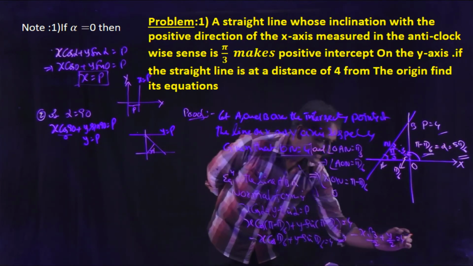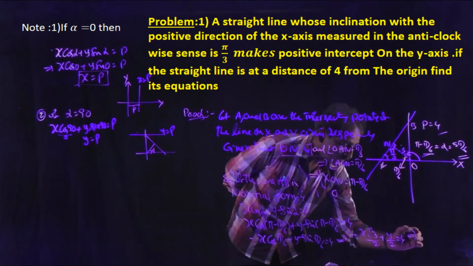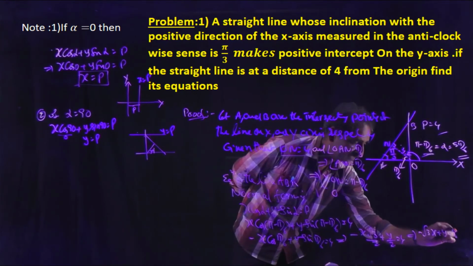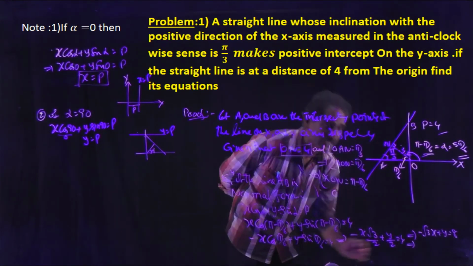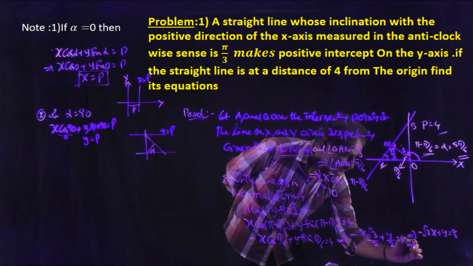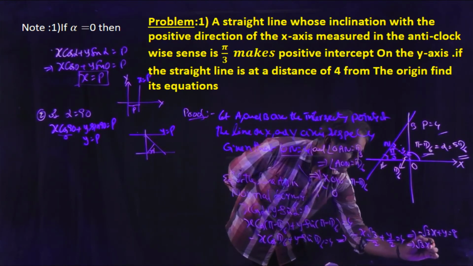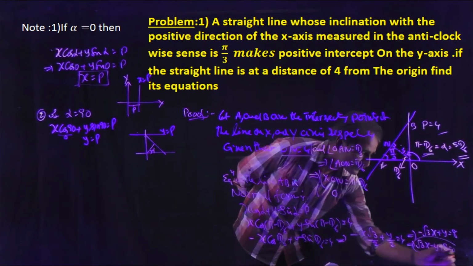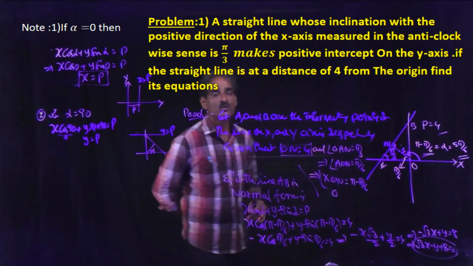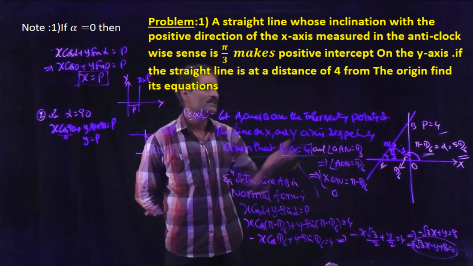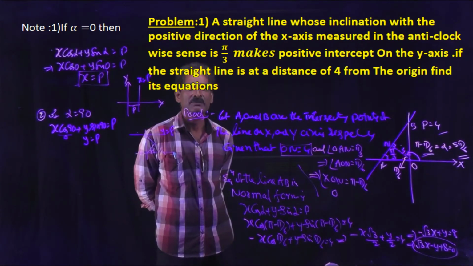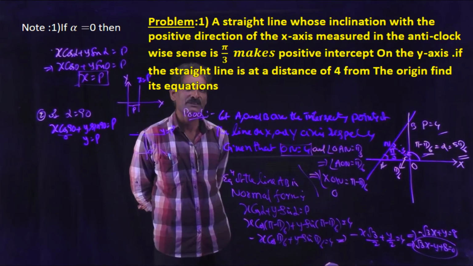From this we can write minus root 3x plus y is equal to 8. Here also we can write root 3x minus y plus 8 equal to 0. This is the way to find the equation of the line when the normal length is 4 and the line makes an angle pi by 3 with x-axis.